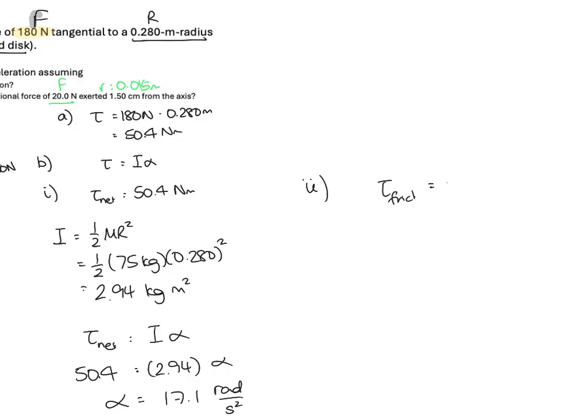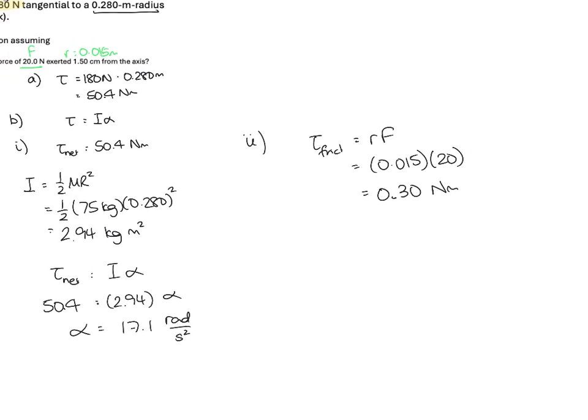So this is the radius, 0.015 meters, times the force of 20. Okay, and that would get me 0.30 Newton meters. Now this opposes the torque that is applied by the driving force.